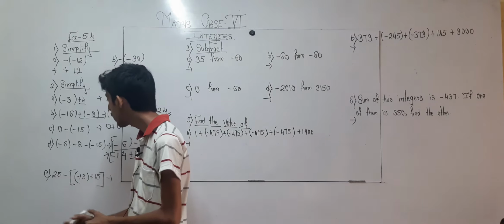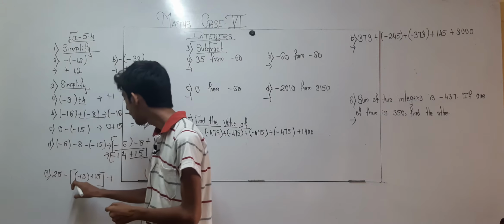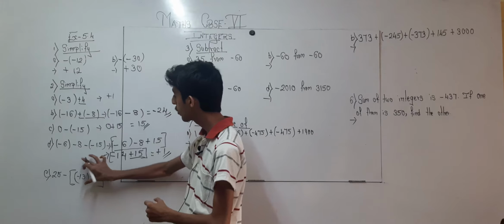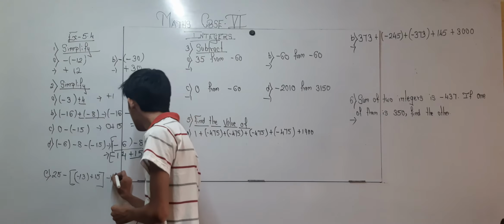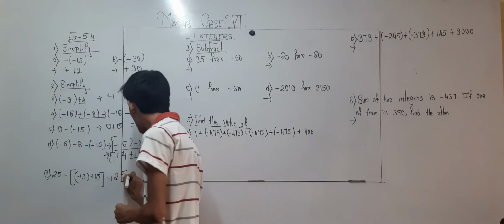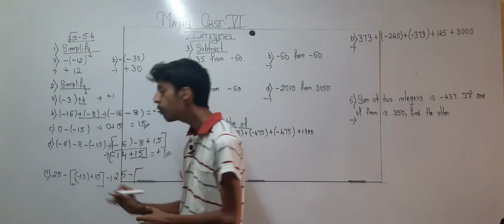Now moving on to question E, 25 minus, in the big bracket, minus 13 plus 15. So we will solve the bigger bracket. Over here 25 minus, now minus 13 plus 15.